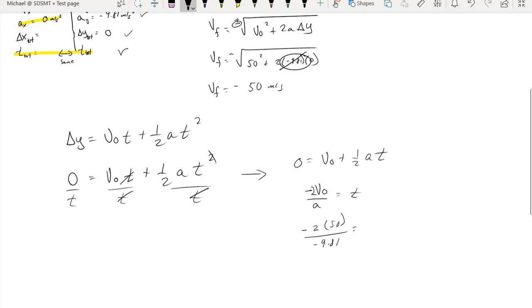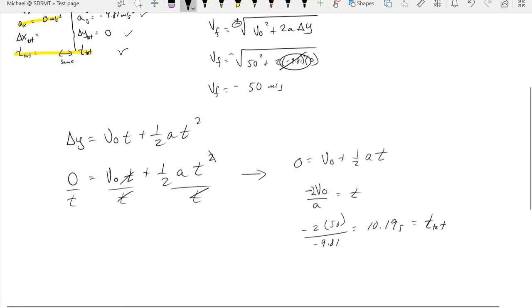If we do, we've got to go back, check our work, see what went wrong. But here our minus signs are canceling out, and we're getting approximately 10.19 seconds for the total time of flight.